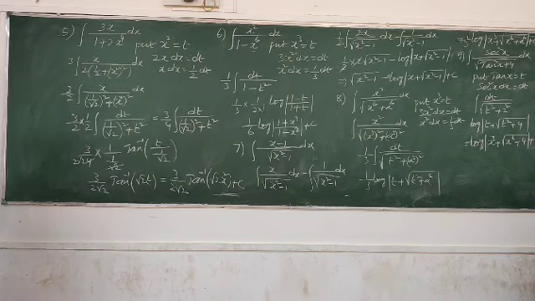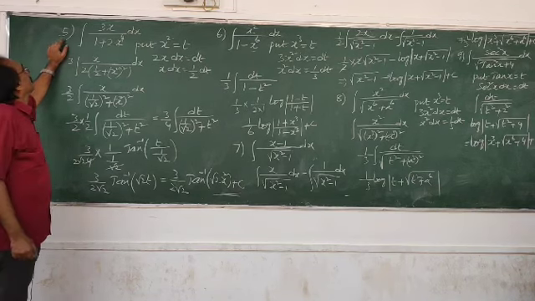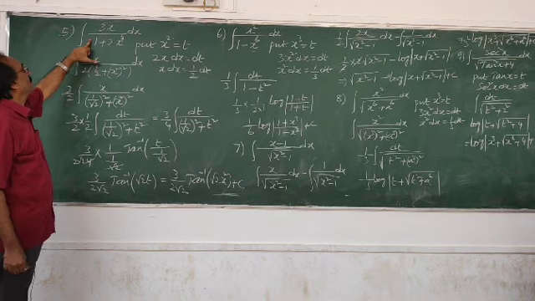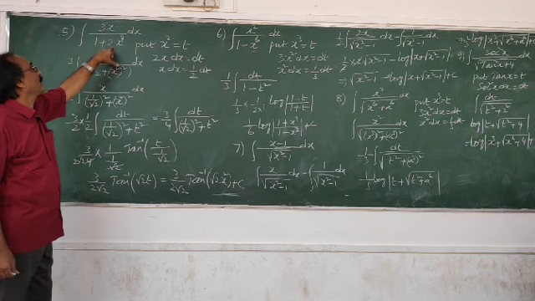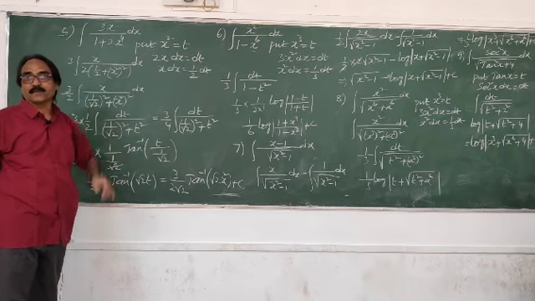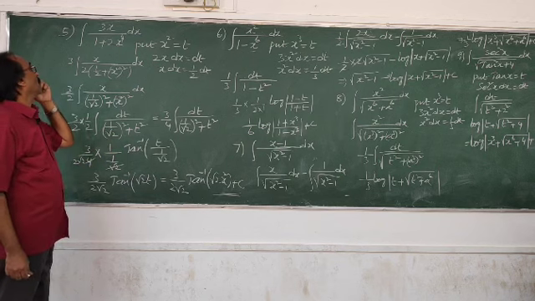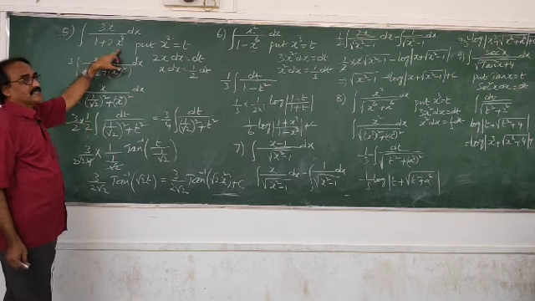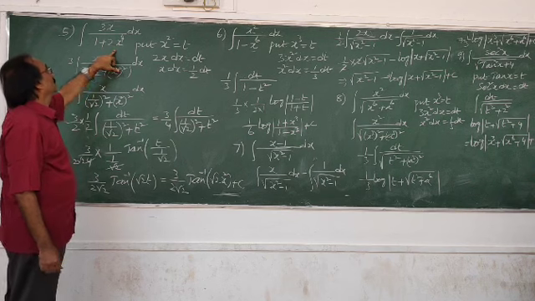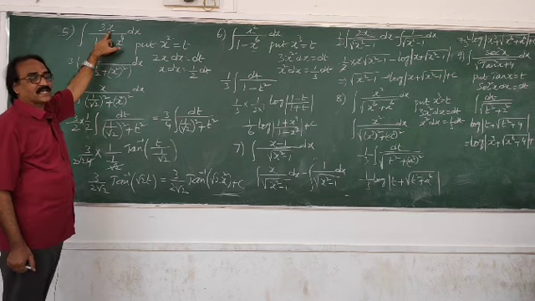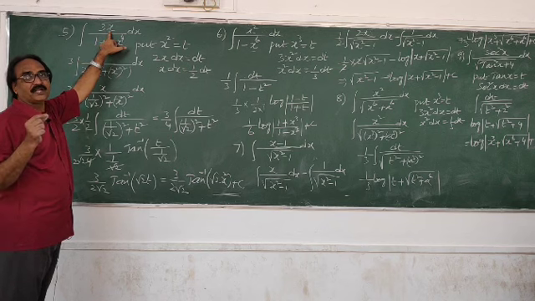Today we are continuing the same integration exercise 7.4, problem number 5. The integral of 3x by (1 plus 2x to the power 4) dx. Here, x is there, so whose antiderivative is x?